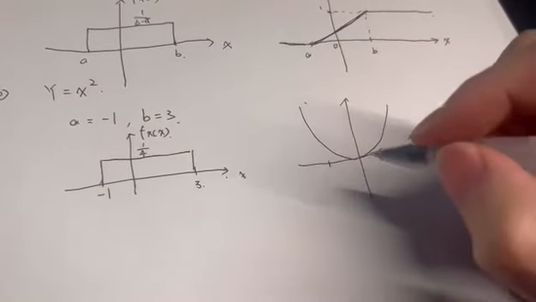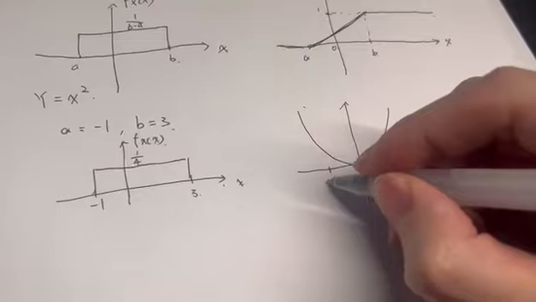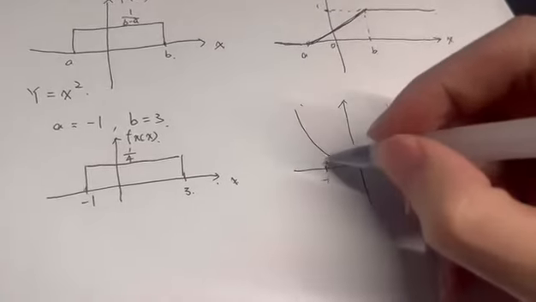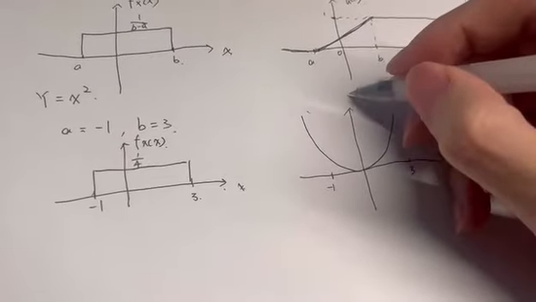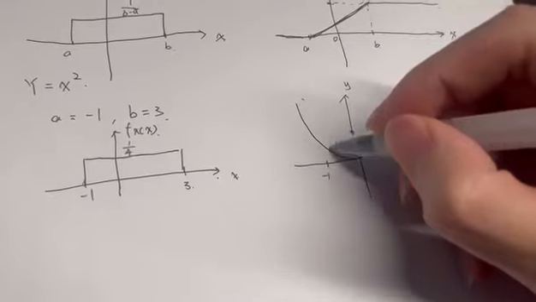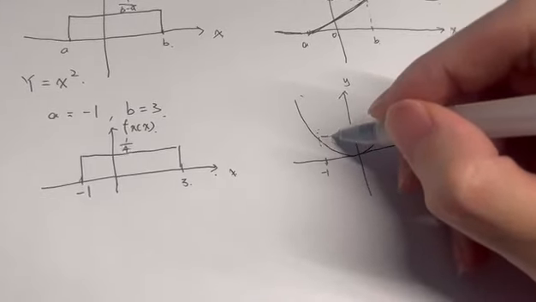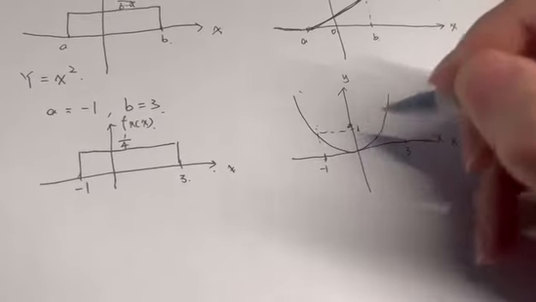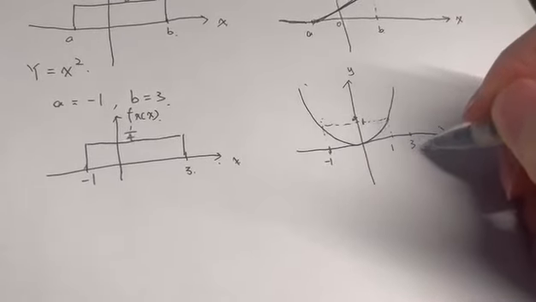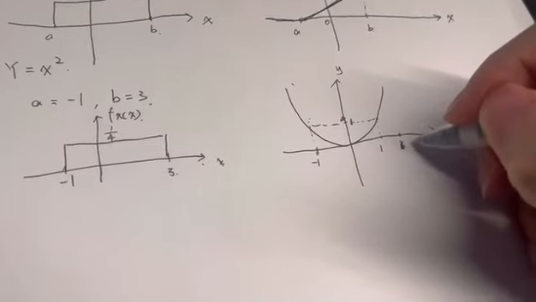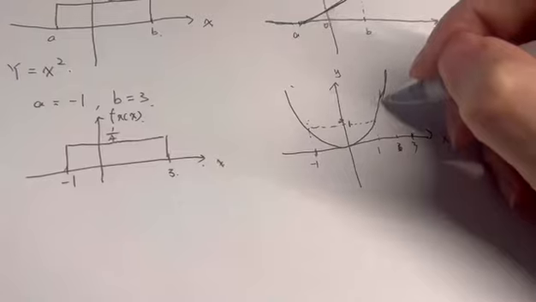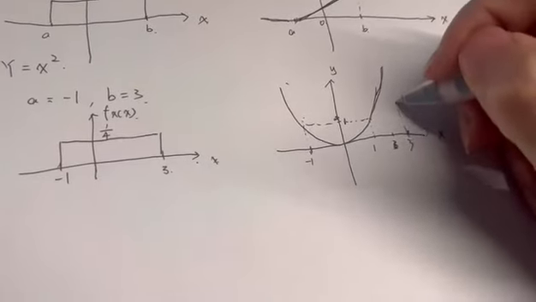Since we need to find the range from -1 to 3, at the point -1, it equals 1, and it also equals 1 when the value is 1. I'm sorry, the graph looks so unreal. I'm sorry about that.